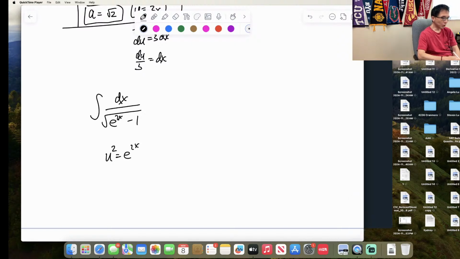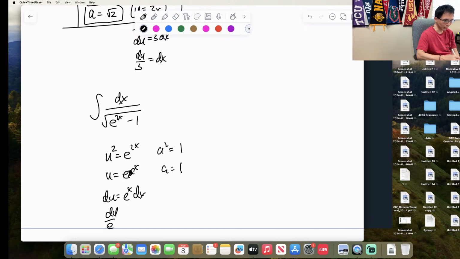So u must be e to the x, right? And a squared is equal to 1, so a must be 1. Then du equals e to the x dx, so du over e to the x equals dx, because the 1 is on the outside.